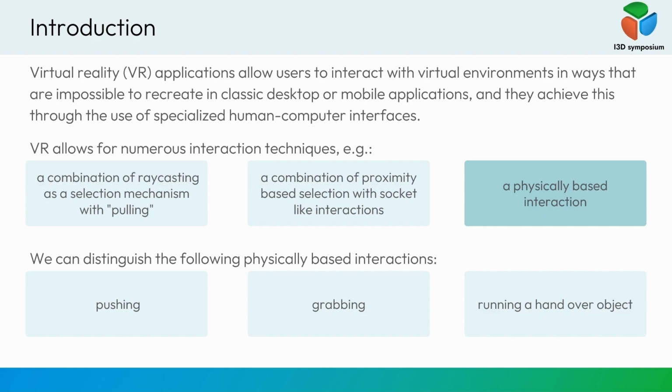The third category assumes that the object is either huge or immovable, so physically speaking, its mass is much higher than the maximum mass of an object a human can move. Our research is handling the problems that occur only in the last physically based interaction, that is, during sliding over the stationary object's surface.